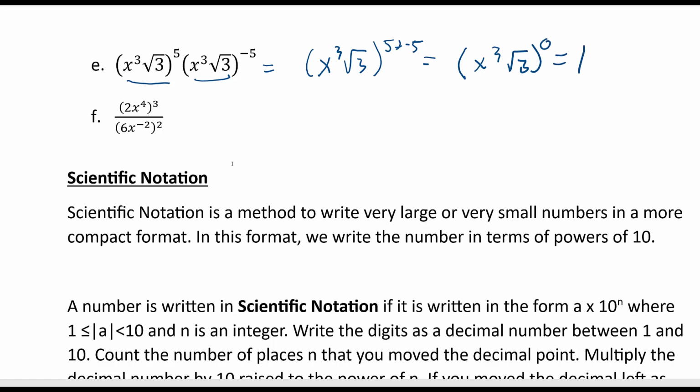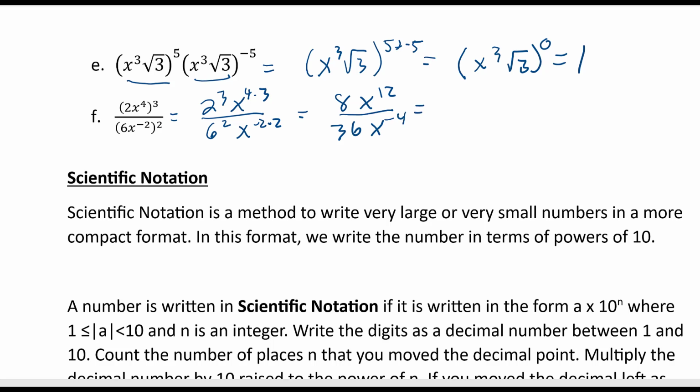And finally, we have 2x to the 4th cubed, so that's 2 cubed x to the 4 times 3 over 6 squared x to the negative 2 times 2. So I have 8 x to the 12th over 36 x to the negative 4.